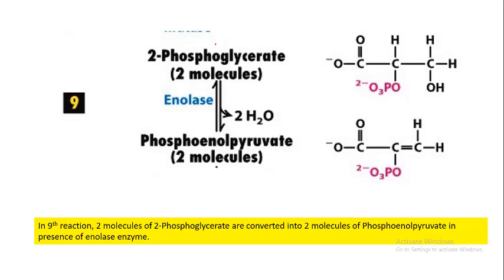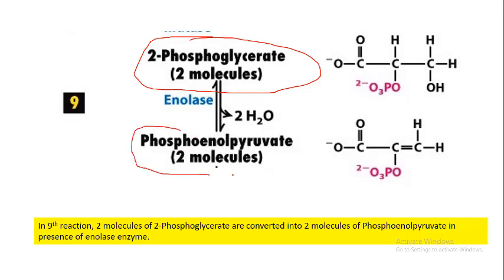In the ninth reaction, 2-phosphoglycerate is converted to phosphoenol pyruvate in presence of enolase enzyme.